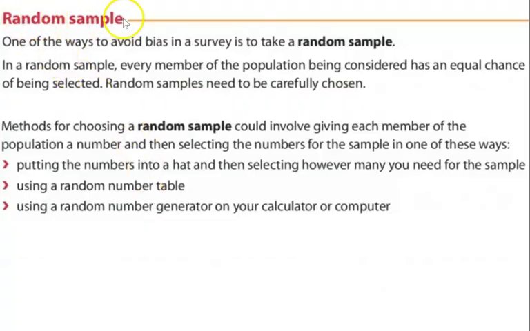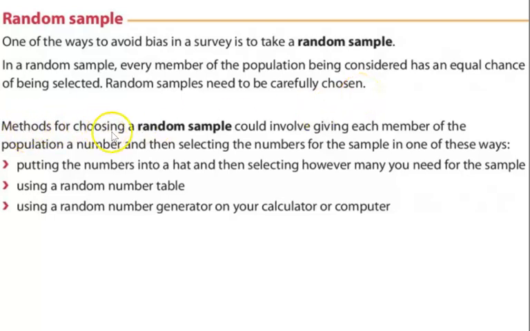Random sample. One of the ways to avoid bias in a survey is to take a random sample. In a random sample, every member of the population being considered has an equal chance of being selected. Random samples need to be carefully chosen.